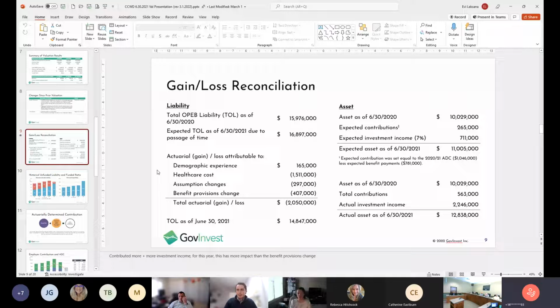So it could be due to things like some active employees retiring earlier than expected. That's one possible explanation. Or you have fewer terminations than expected. And remember that this is from 2019 to 2021.